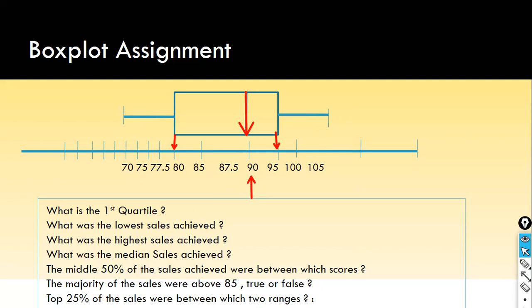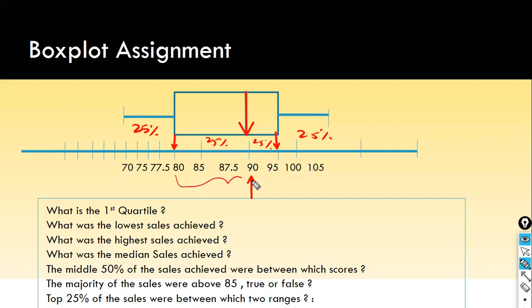What was the median sales achieved? That's what we discussed already. The middle 50% of the sales achieved were between which scores? See, here you have 25% of the data, here you have 25% of data, here also 25%, and here also 25%.